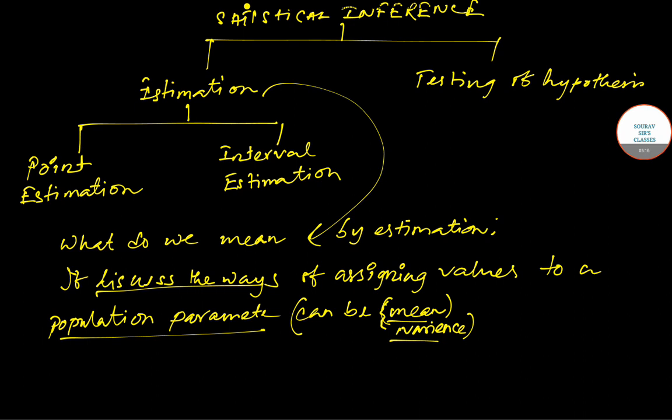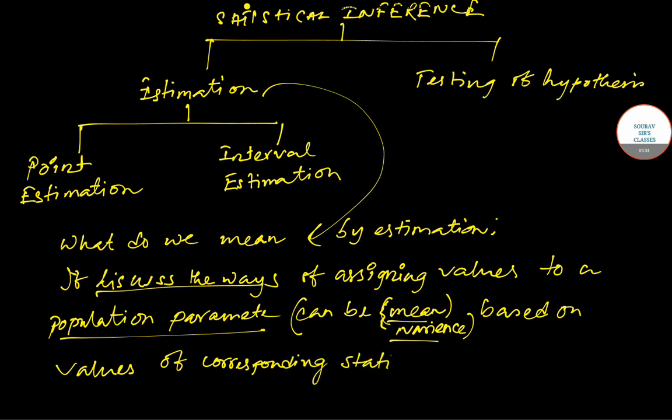So two population parameters based on values of corresponding statistics. So it can be a value, or it can be a function of sample observations.